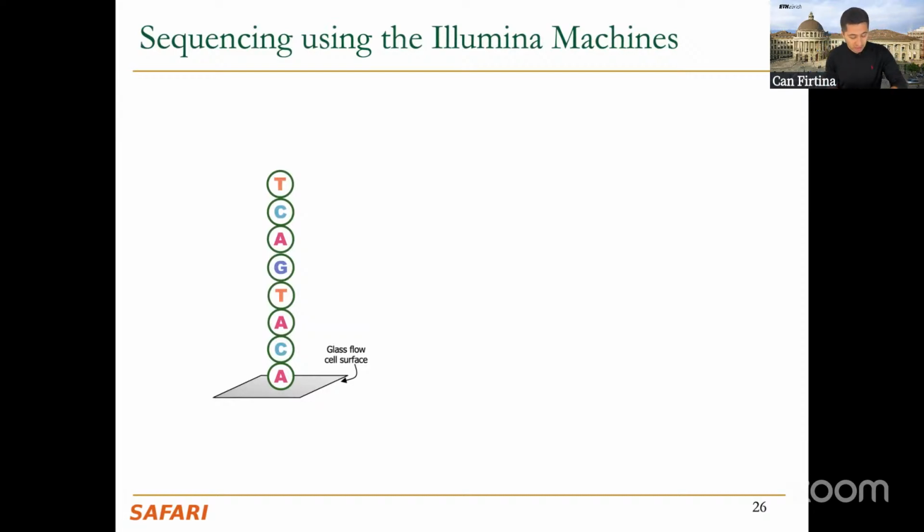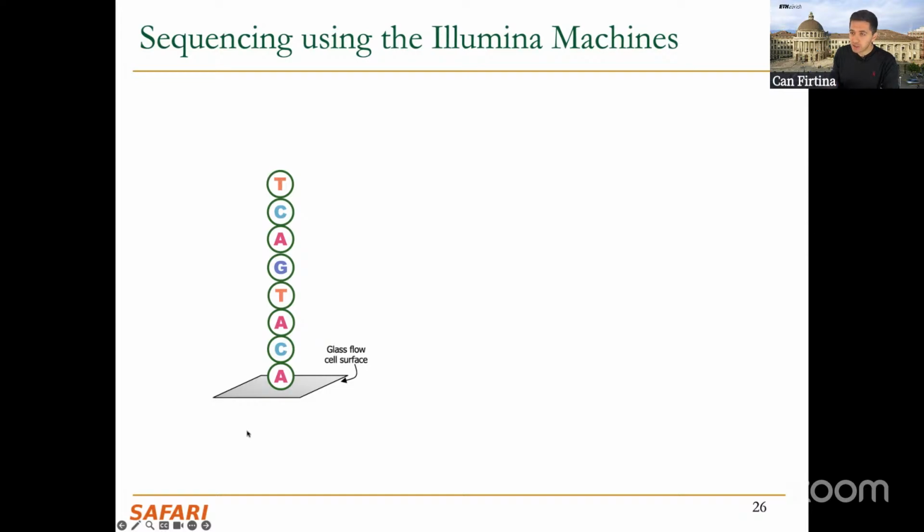In the remaining limited time, I will try to cover the sequencing by synthesis approach that is used by the Illumina sequencing technology. At the very low level, imagine we have a glass flow surface where our DNA molecule is attached somehow to that surface.